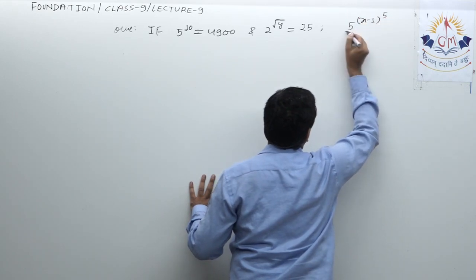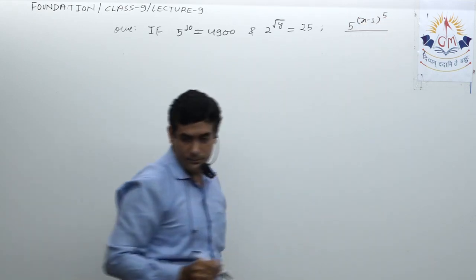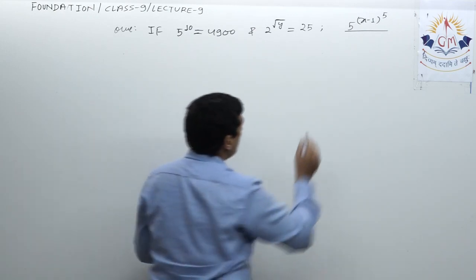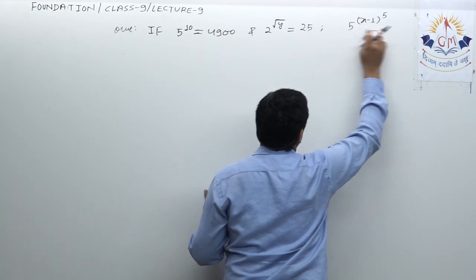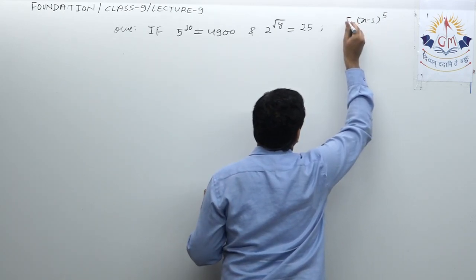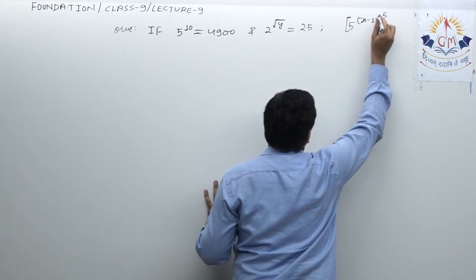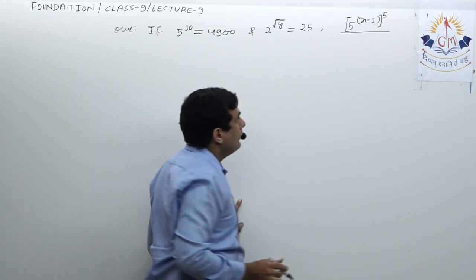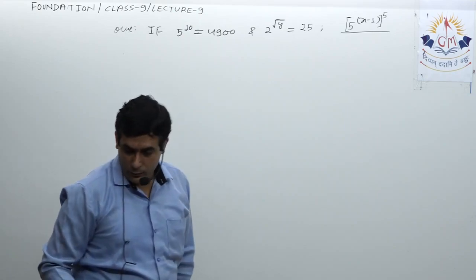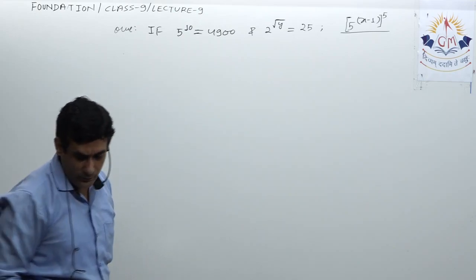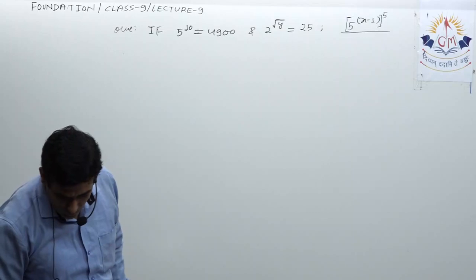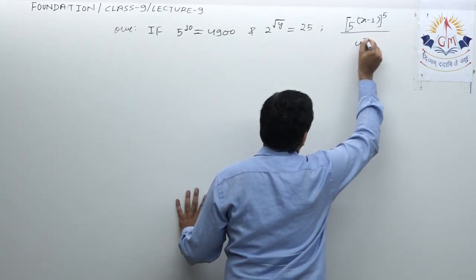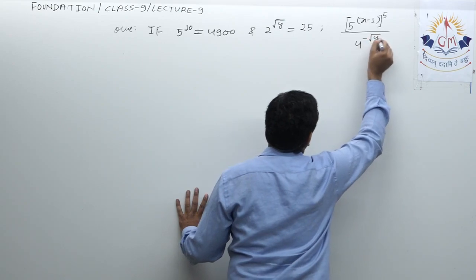raised to 5 divided by, okay, this power is something like this. Okay, 5 raised to x minus 1 raised to 5 divided by 4 raised to minus root y.